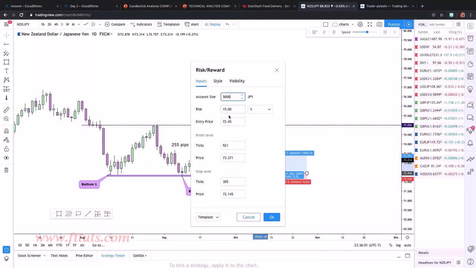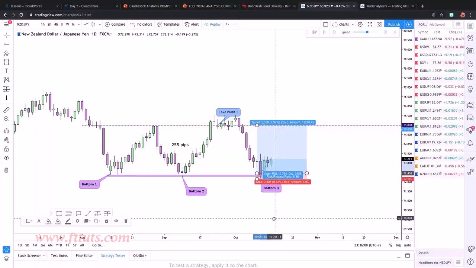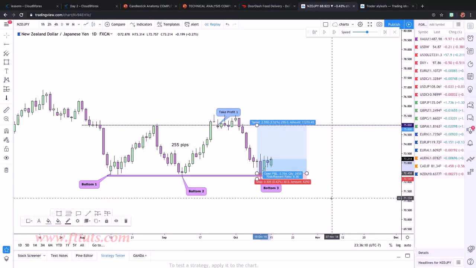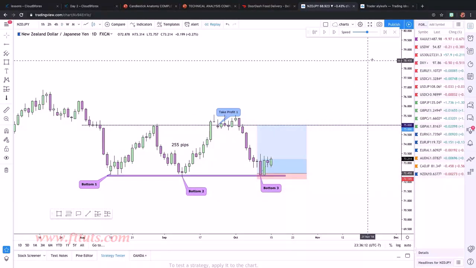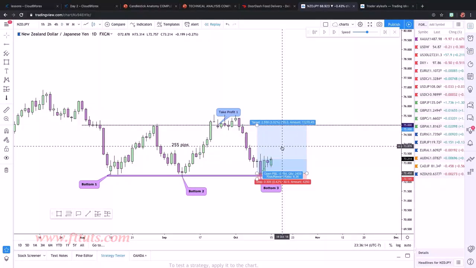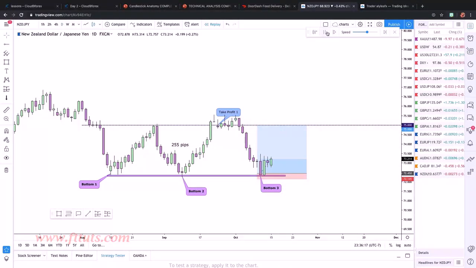So I usually risk anywhere from 20 to 50 pips, depending. Okay, so this is also good. 1 to 8. Then let's see what happens next.